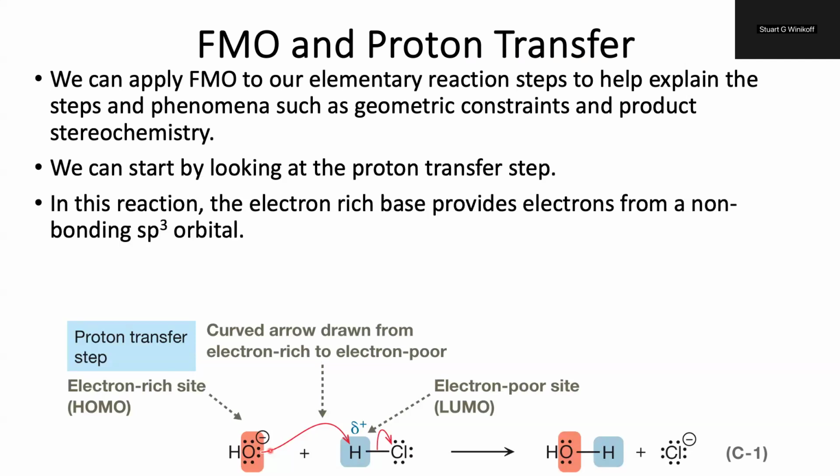Now, as we saw in the last chapter, we can also frame this in terms of electron-rich and electron-poor. So in this case, our electron-rich site is always going to provide that HOMO, and our electron-poor site is going to provide the LUMO. So in this case, it's going to be my base that is going to be electron-rich. It has the electrons.